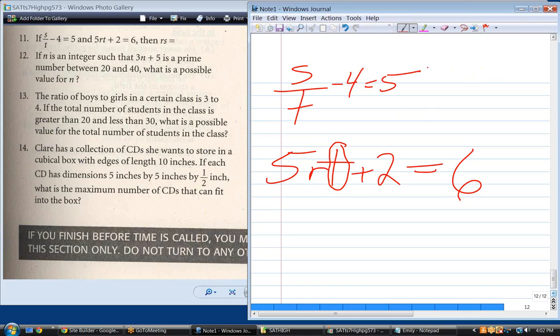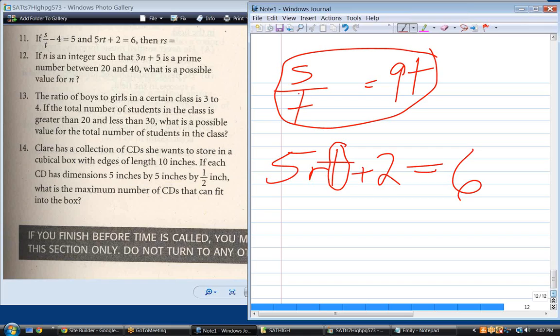Well, let's work with this to make T a function of S. So first of all, if I add 4 to both sides, multiply both by 9, by T, and divide both sides by 9, there I have T as a function of S.